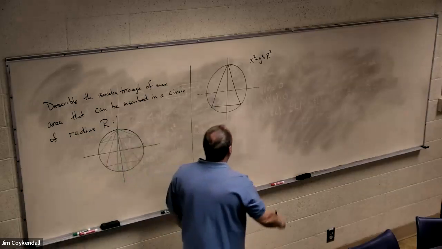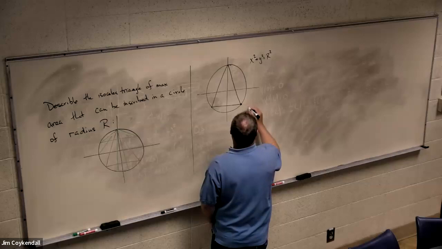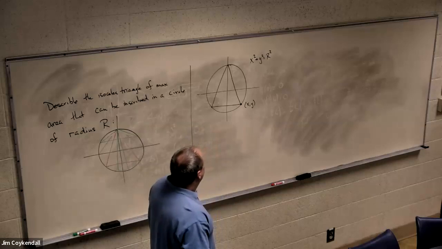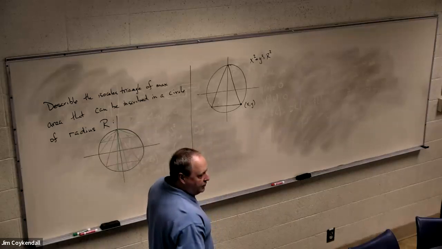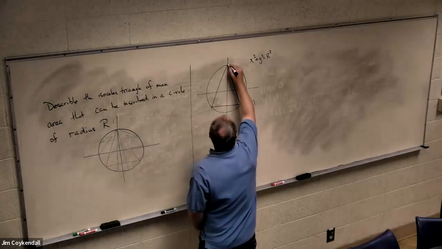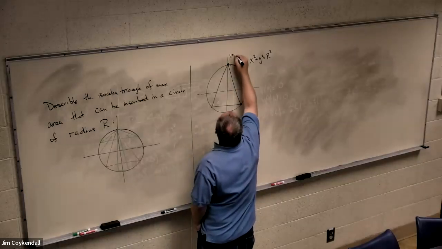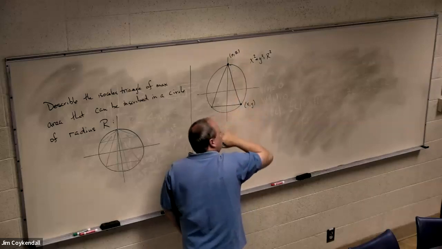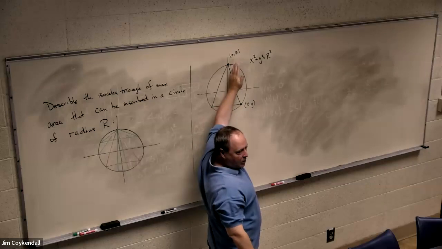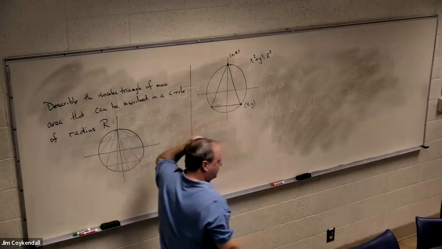And I'm going to call this point right here x1. Oh, by the way, this point right here at the top is x equals 0, y equals 1. Do I agree?